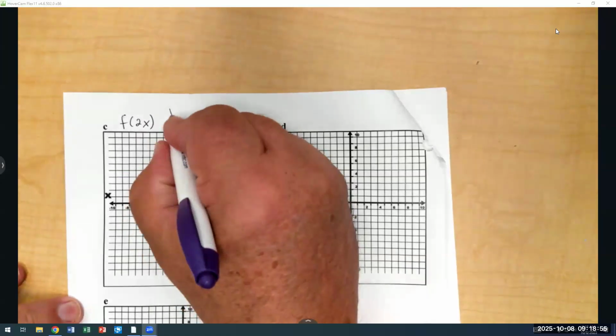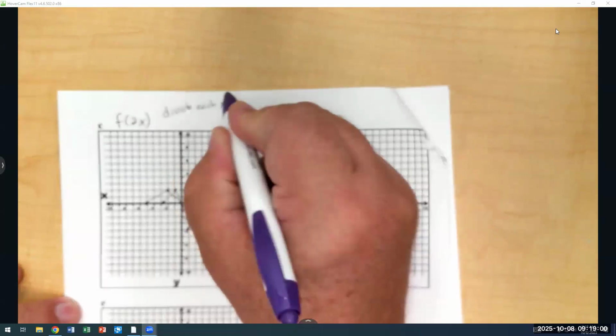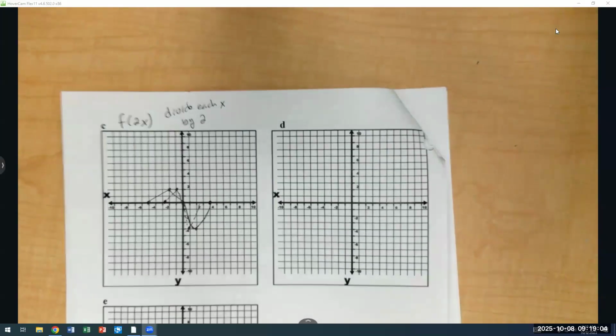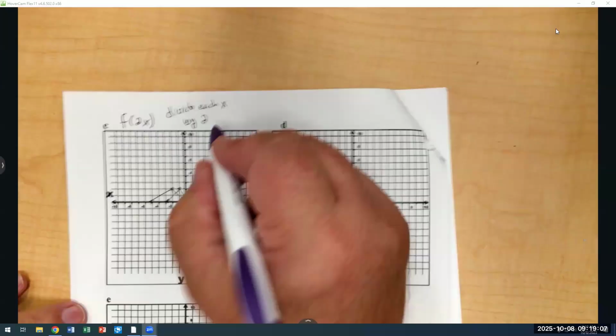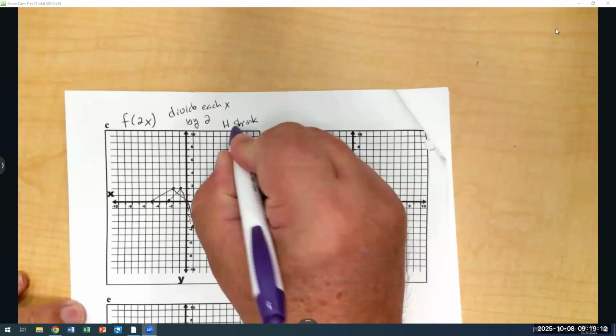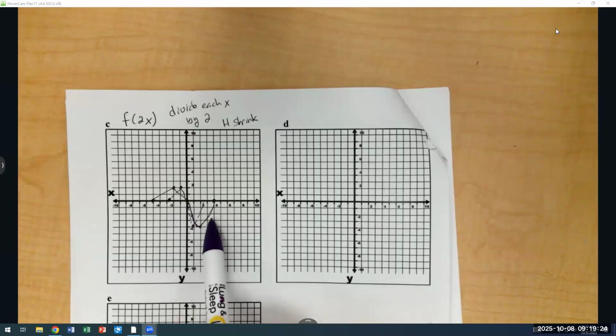It says divide each x by 2. It's a horizontal shrink, because remember, if it happens inside, it's opposite of what's supposed to happen. So you notice the y values never changed. The high and low would never change. All we did was compress it like an accordion.